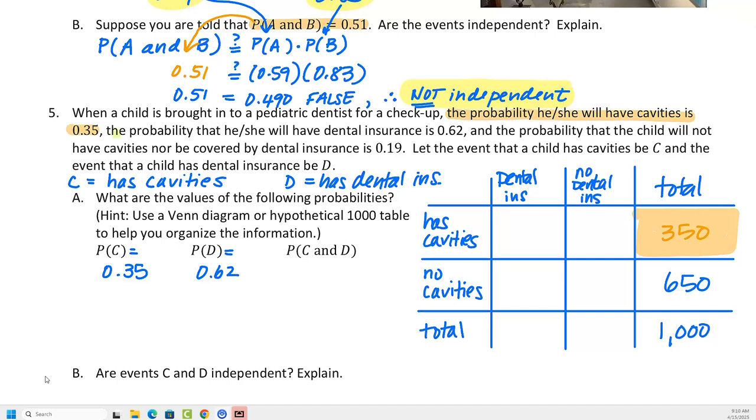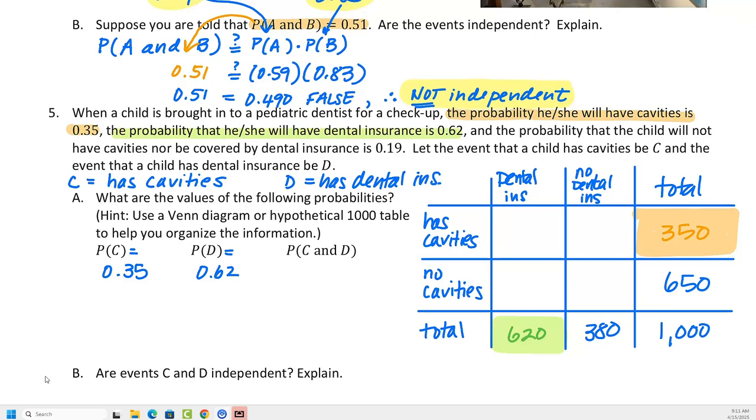But then they tell you that the probability she has dental insurance is 0.62. So that's going to be this section right here, isn't it? 0.62 of 1,000 is 620. And if that's 620, then we know this is 380. So we're doing really good here.